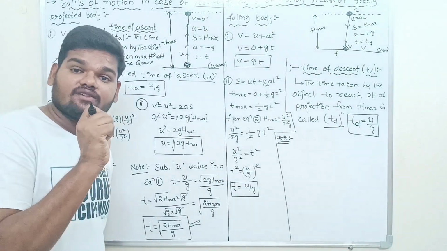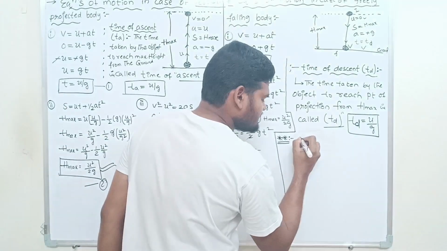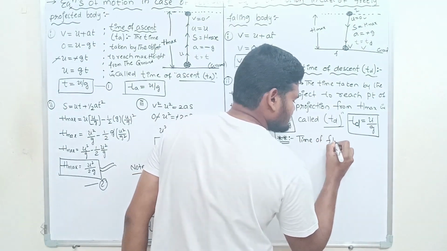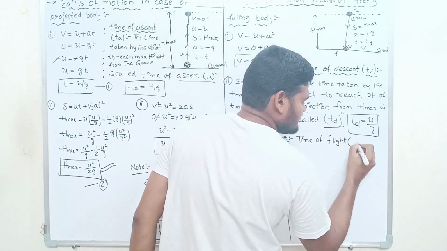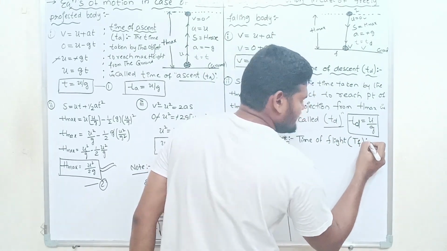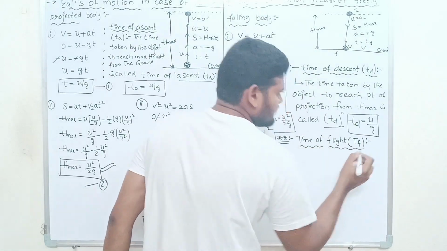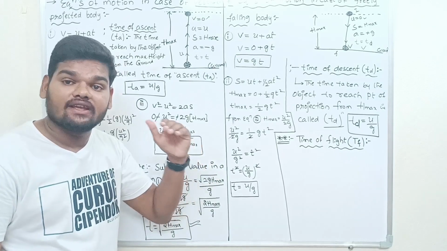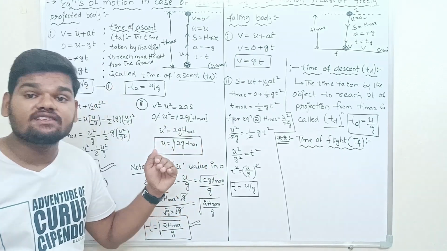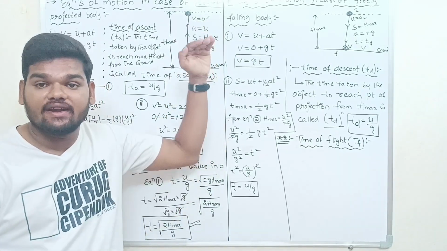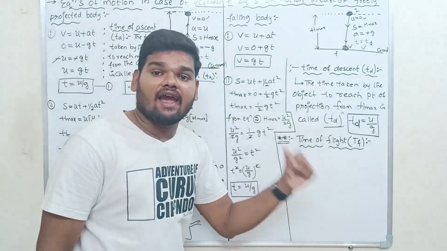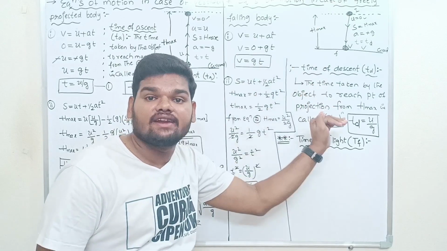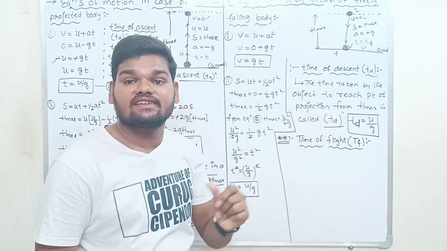So let us discuss one more concept, one more term, one more definition. That is the time of flight. It can be denoted by TF. The time of flight means the total time taken by the object to reach the maximum height from the point of projection, and the time taken by the object to reach the point of projection from the maximum height.